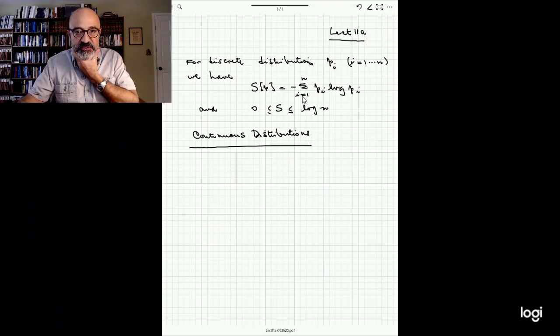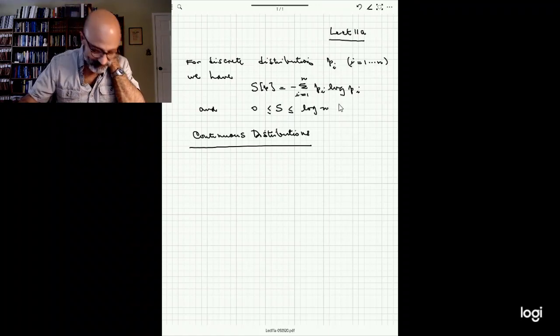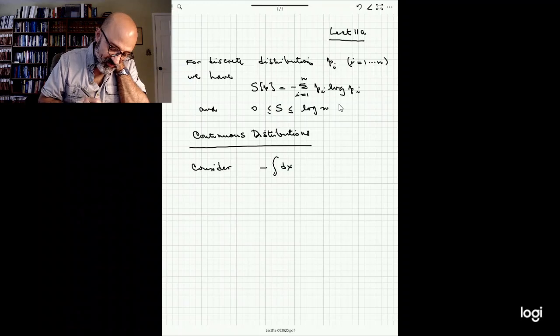Suppose that you say, okay, how do we generalize this to the continuum? Let me do it wrong. I'm not even going to write an equality. I'm going to say consider the following: minus the integral of dx p(x) log p(x).